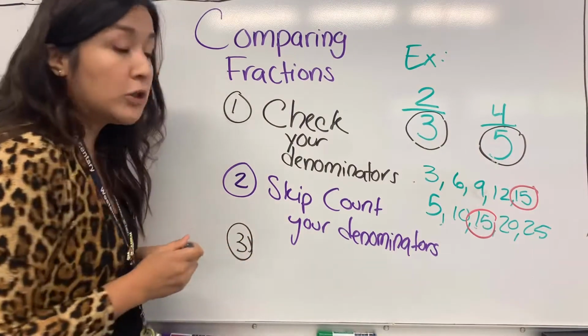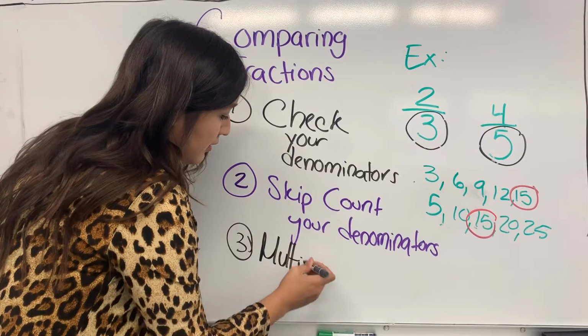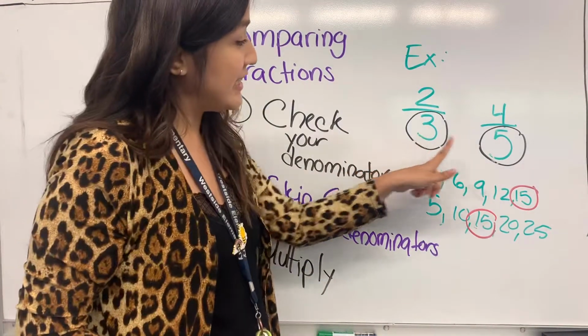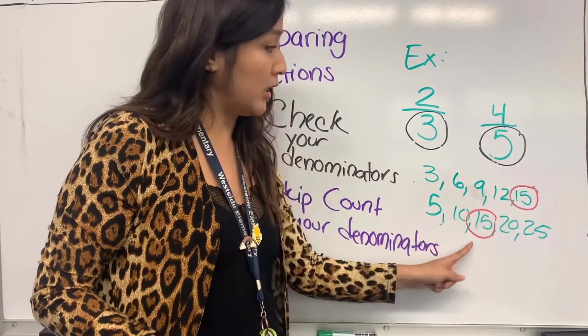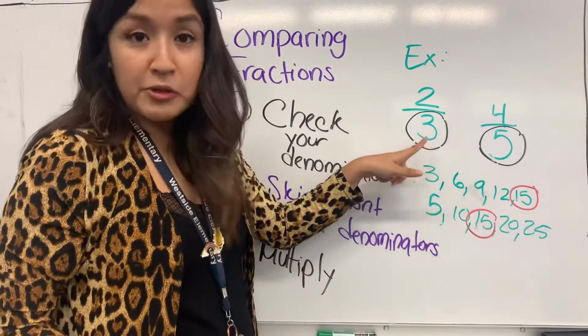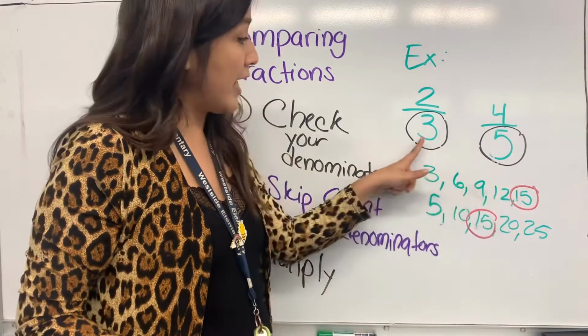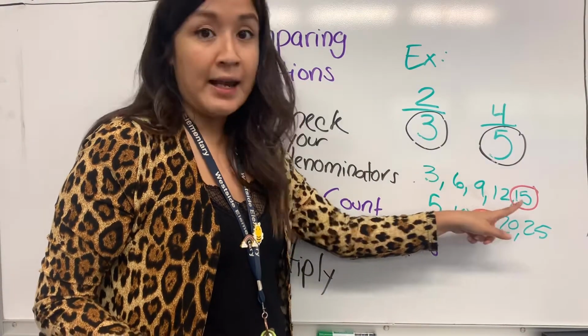we gotta multiply to change our denominators, okay? That means we need to change this and this one to 15 because that's what they both have in common. So what do I need to multiply this one by to get the 15? I have to multiply by 1, 2, 3, 4, and 5.